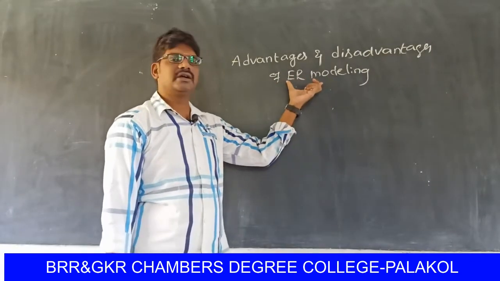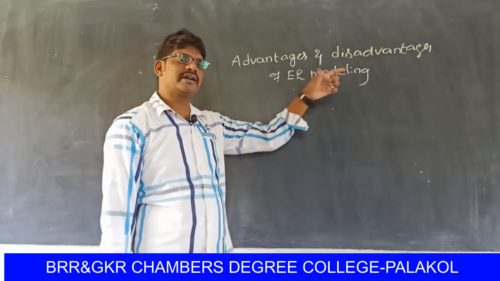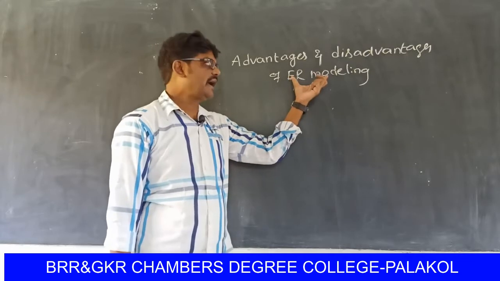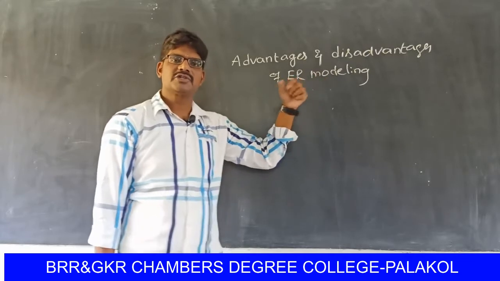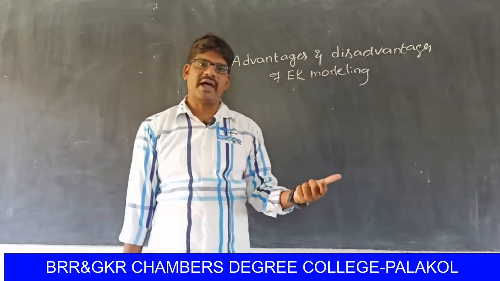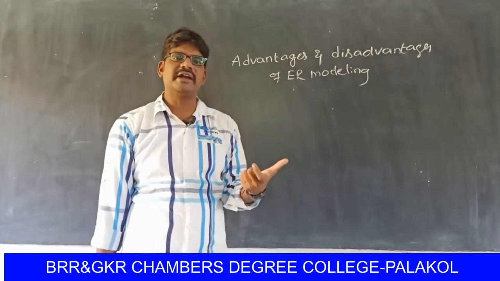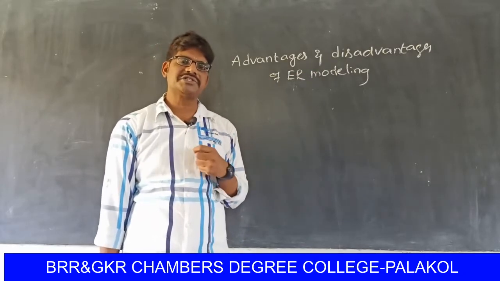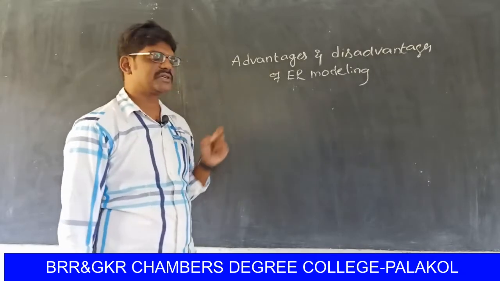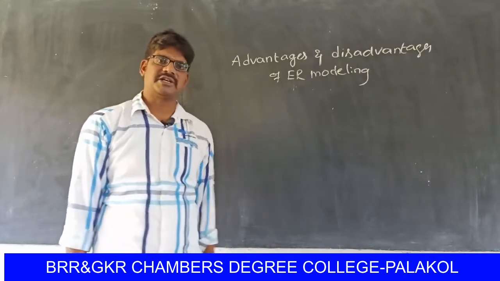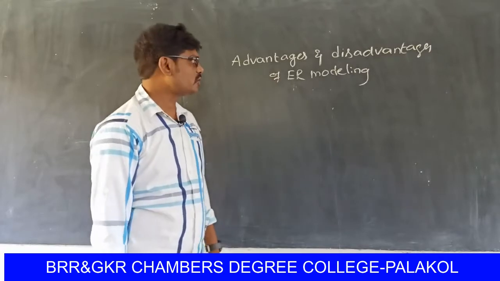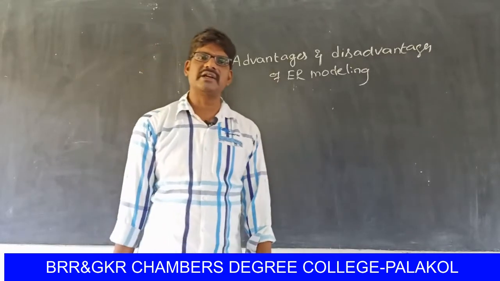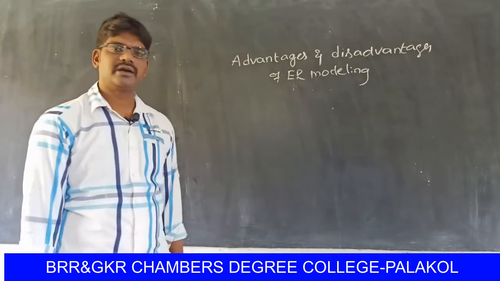What are the different concepts we discussed? Entity, relationship, attribute. What are the types of attributes? What are the types of entities? What are the types of relationships and the degree of relationship? All these concepts were discussed in the previous session. Now we are discussing the advantages and the disadvantages of ER modeling.